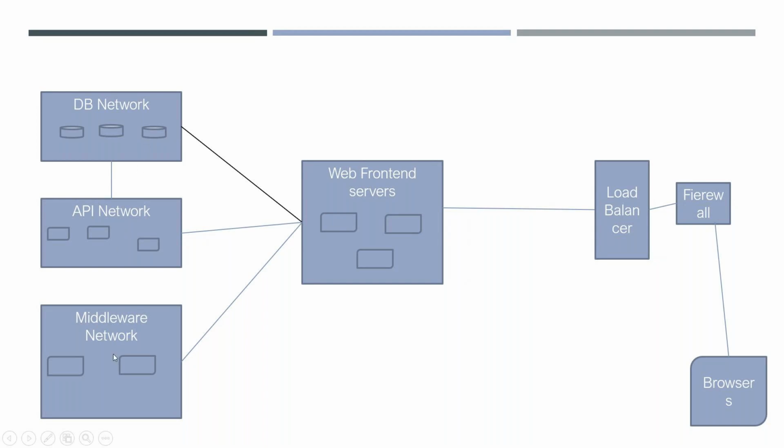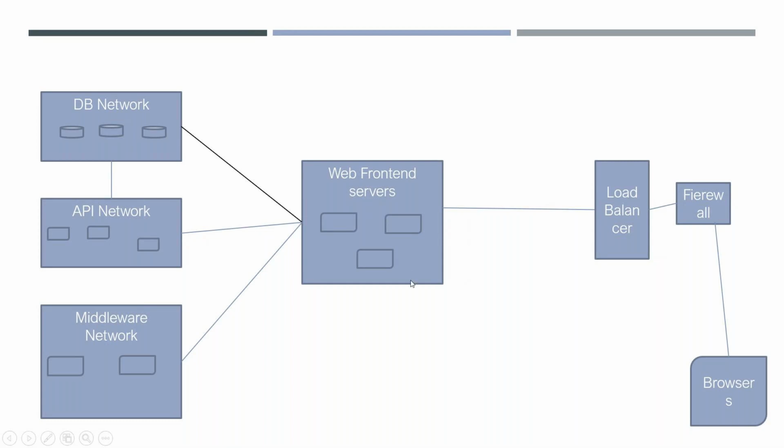Middleware means if you are using any Pega, etc. And every server is in its own network. DB servers will be in the DB network, and it will not be available over the internet. Only the network that is available over the internet is the web front end servers. The rest, like APIs or middleware, most of the time will not be available over the internet. Any request should come like this.